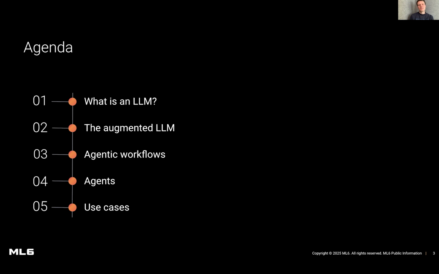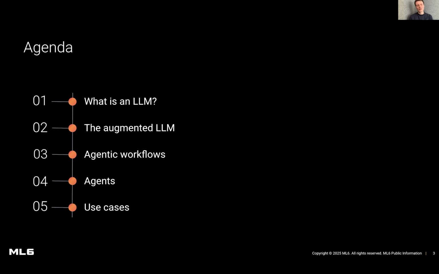So yeah, this is a bit of an overview of the content of this presentation. Basically we will build up agentic AI applications step by step by starting off with what is a large language model, and then we are going to make that large language model more powerful by augmenting it with certain tools.